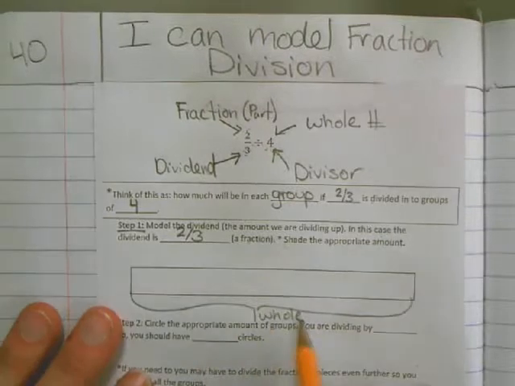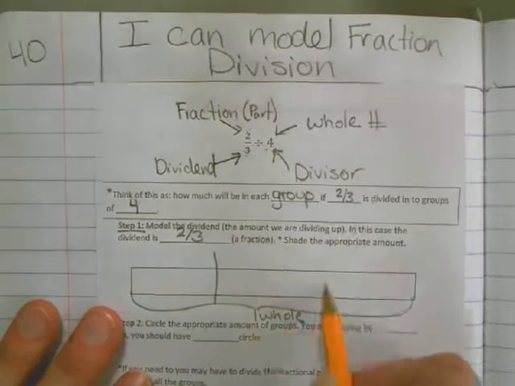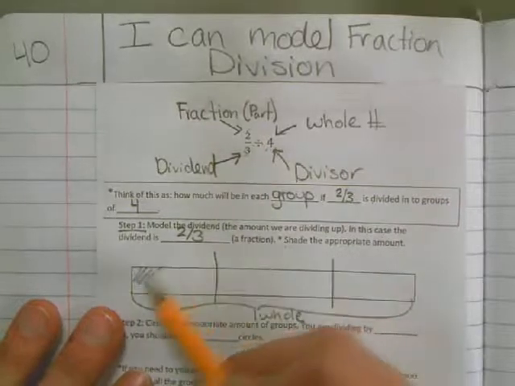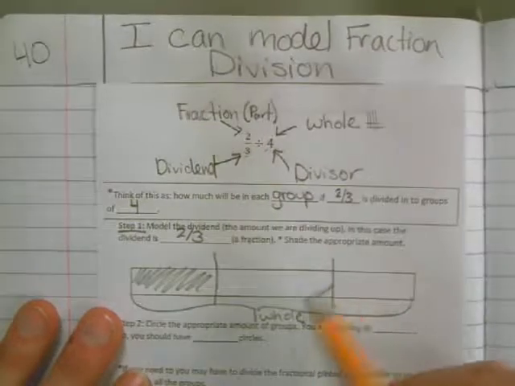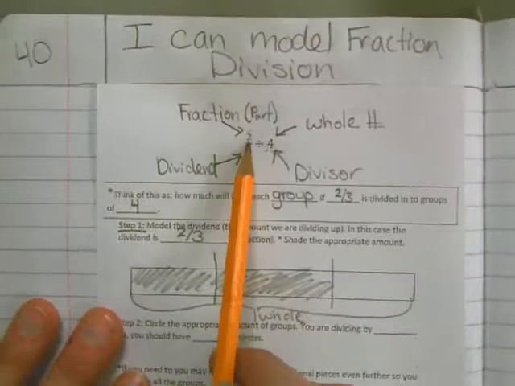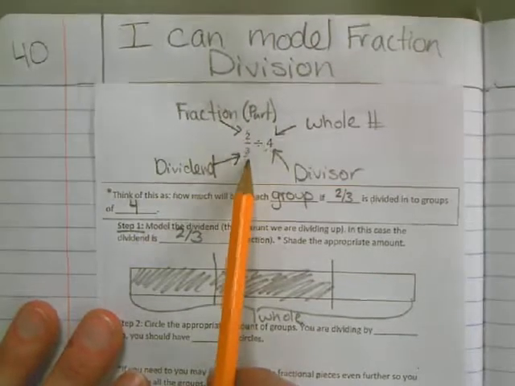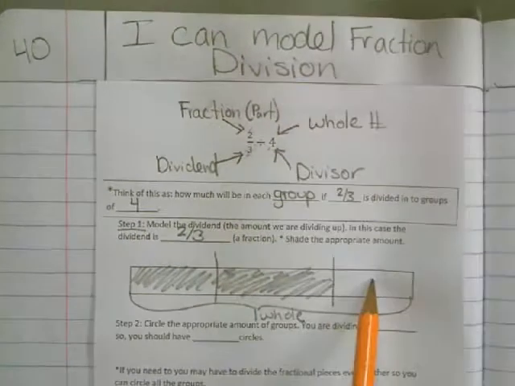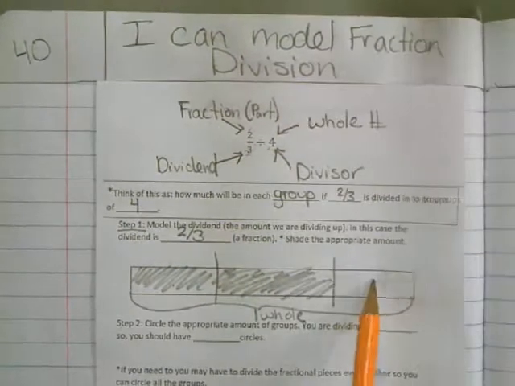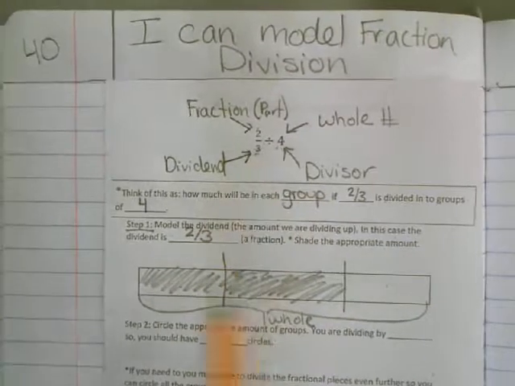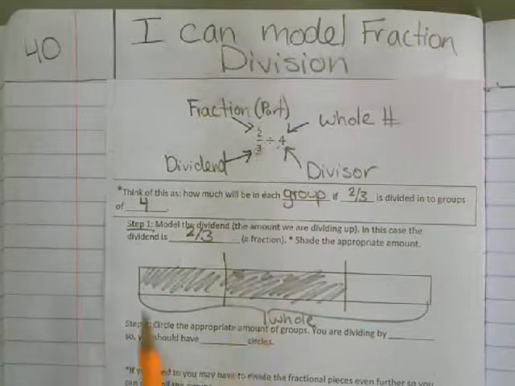So we're going to divide our bar into thirds, because it's thirds, and we're going to shade 2 of the 3. Remember, we have 2 parts of the 3 needed to make a whole. We need 3 sections to make a whole based on our fraction, but we only have 2 of those sections, so that's why we shaded 2. 2/3.